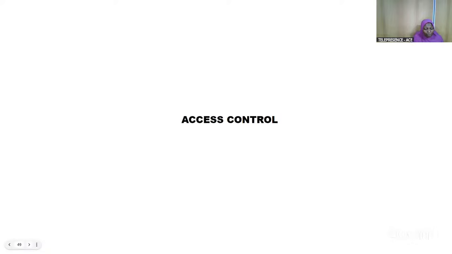Access control. You know, we said we're keeping files. People are having access to the files. The files are no longer on our table. The files are everywhere for everybody to see, to have access, and so on. Do we allow just anybody to have access to our assets?